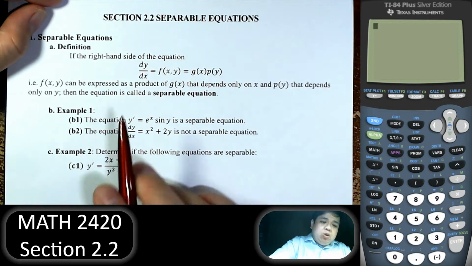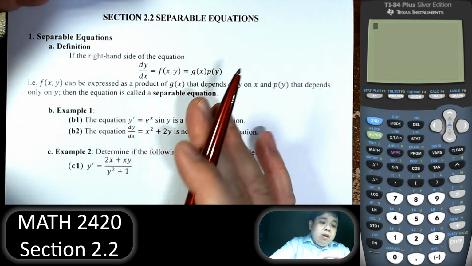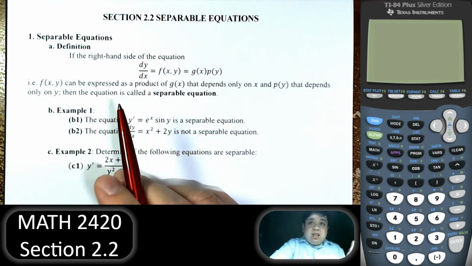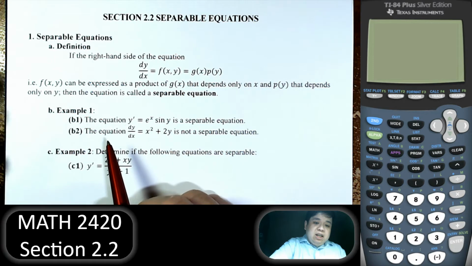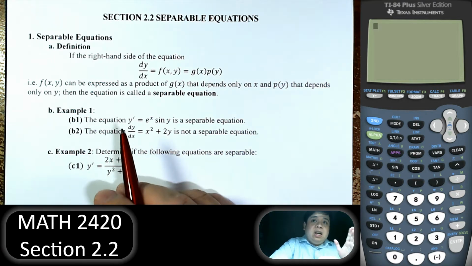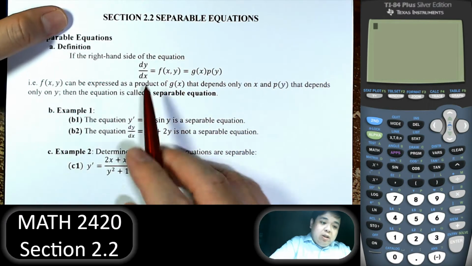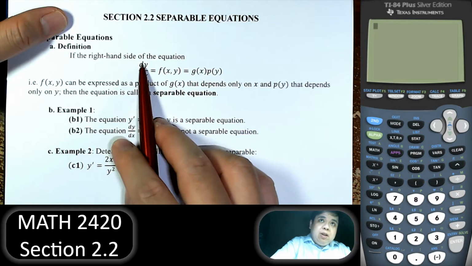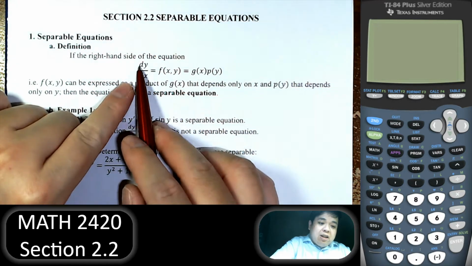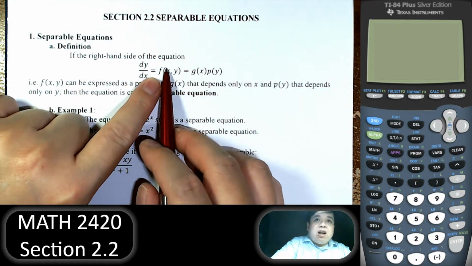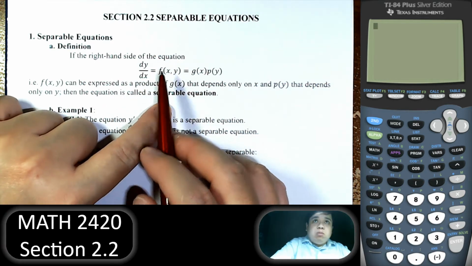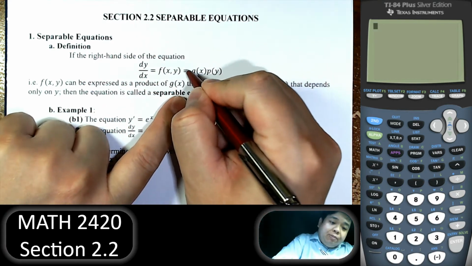Right, so a separable equation in this case is a first order equation. So we only have the derivative on the left hand side. The right hand side, of course, is a function of x and y, but in a very special way.